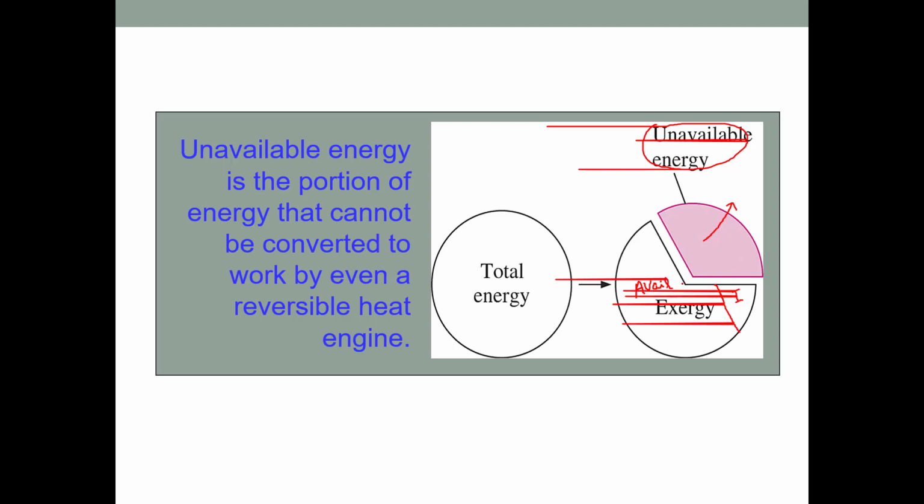So basically it has three components now, right? I mean, the total energy: one component is the unavailability, second component is the availability. Within that availability, it can have irreversibilities, right? So depending upon the rate of the irreversibilities, right?